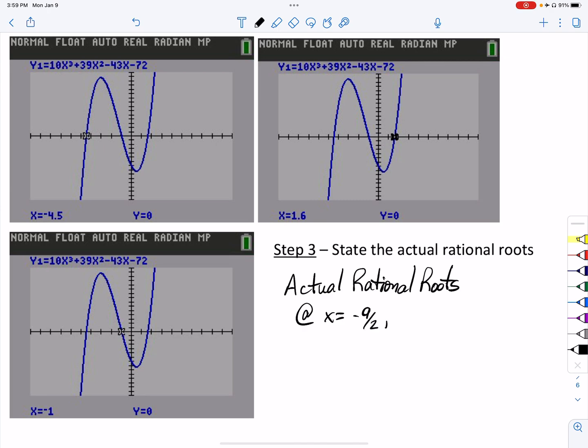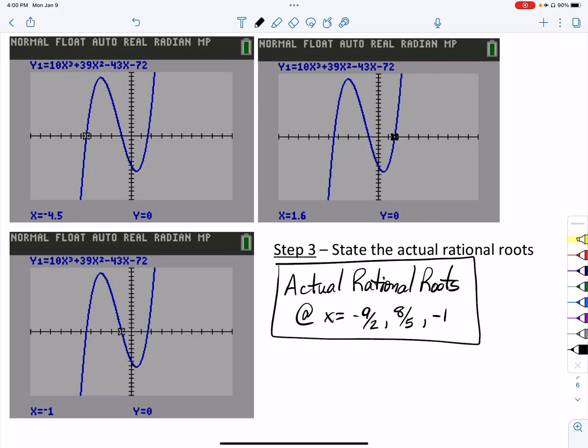I like to stick with fractions. And 8/5, sorry, that was 8/5. And the other one was -1. So we verified these by tracing. They came from our list of possibilities, and we used the graphing calculator to do the work of verifying. So you'd want to say that at the end.